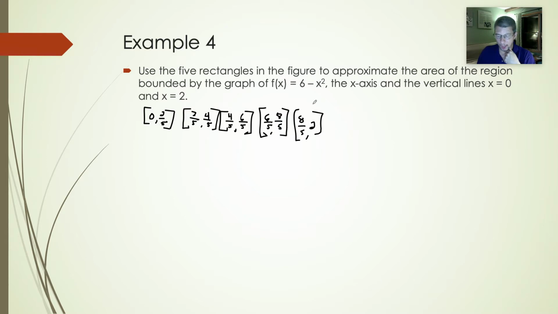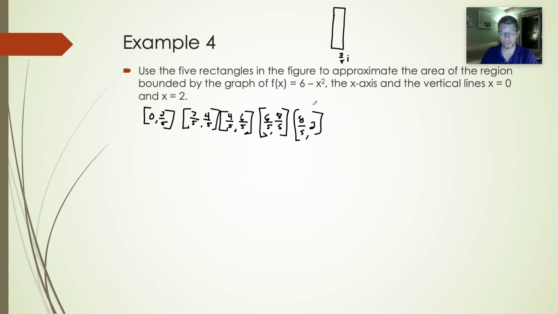Now, the right endpoint of each rectangle, and I'll draw one rectangle up here, is going to be 2/5 times the value of i. If it's the first rectangle, it's 2/5 times 1, or 2/5. If it's the second rectangle, it's 2/5 times 2, which is 4/5. If it's the third rectangle, it's 2/5 times 3, which is 6/5, and so on.